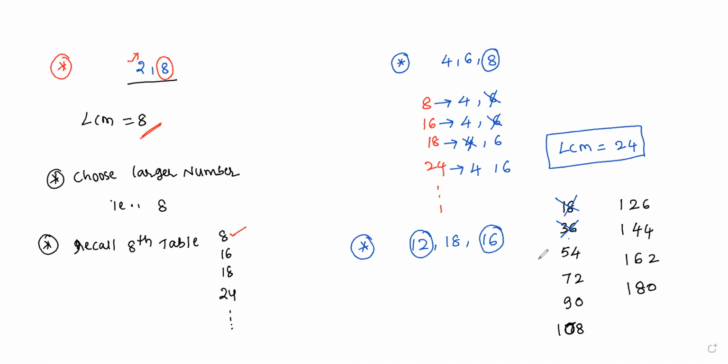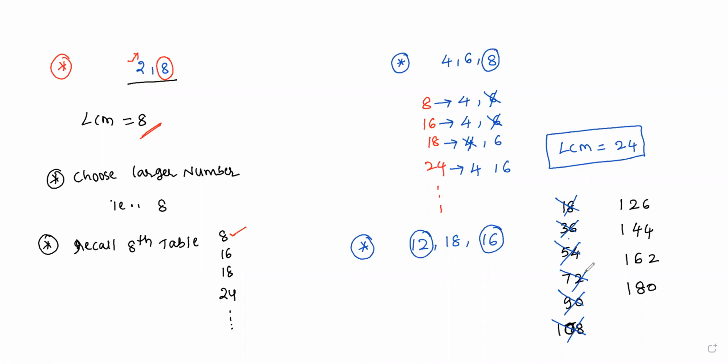And next, 54 is also not divisible by 16. 72 also not divisible by 16. 90 also not divisible by 16. 108 also not. 126 also not divisible by 16.